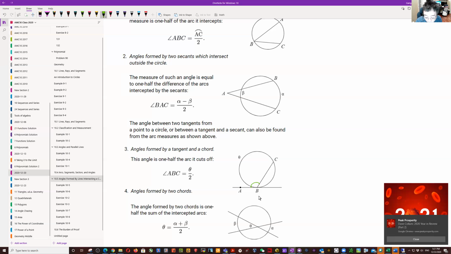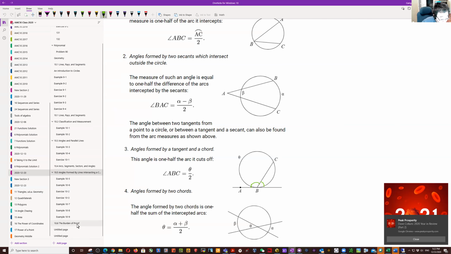So this arc is twice the size of the angle it's facing, and this arc is twice the size of the angle it's facing. Added together, the whole circle is 360 degrees, and this is a straight line, 180 degrees. So the whole thing will add up this way.